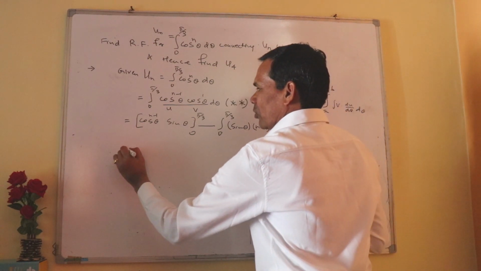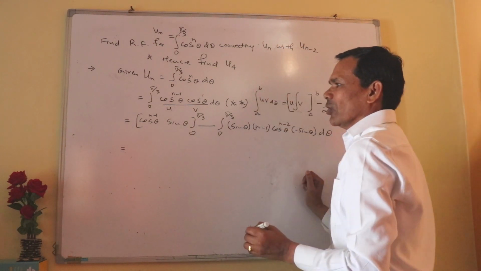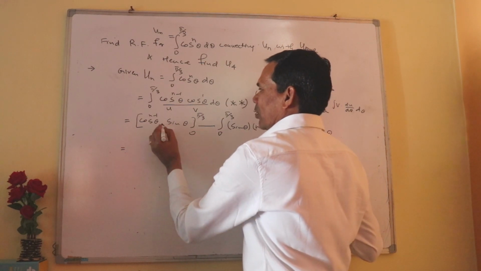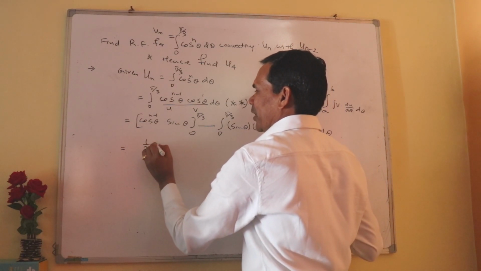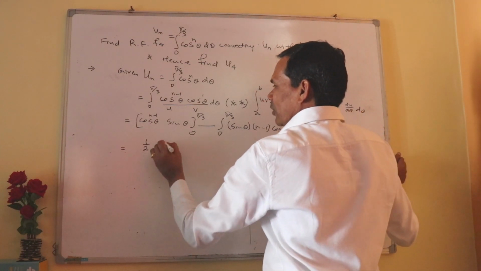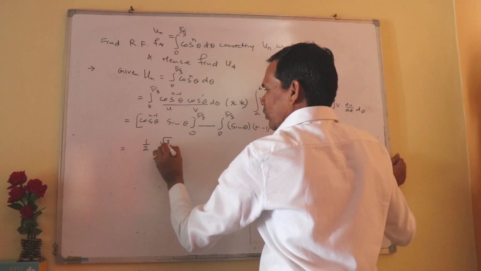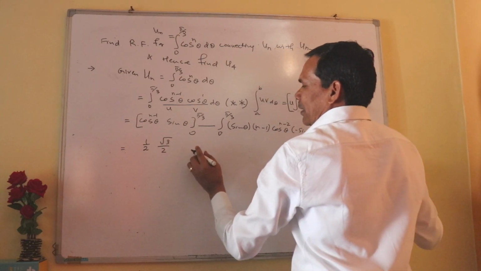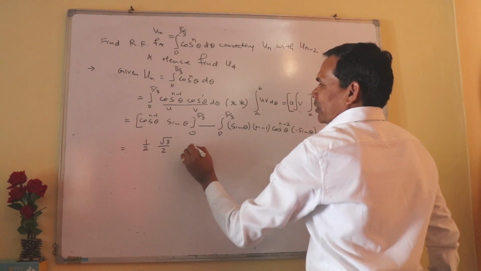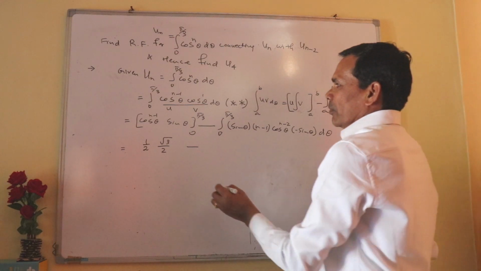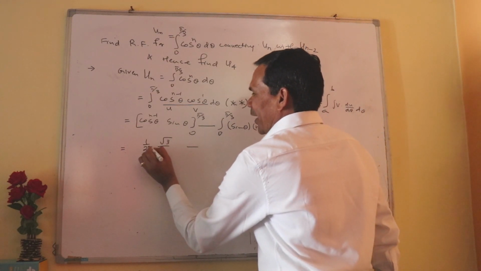Now this is equal to the upper limit. cos pi by 3 is cos 60, which is 1 by 2, raised to n minus 1, times sin 60, which is root 3 by 2, then minus (1 by 2) raised to n here.